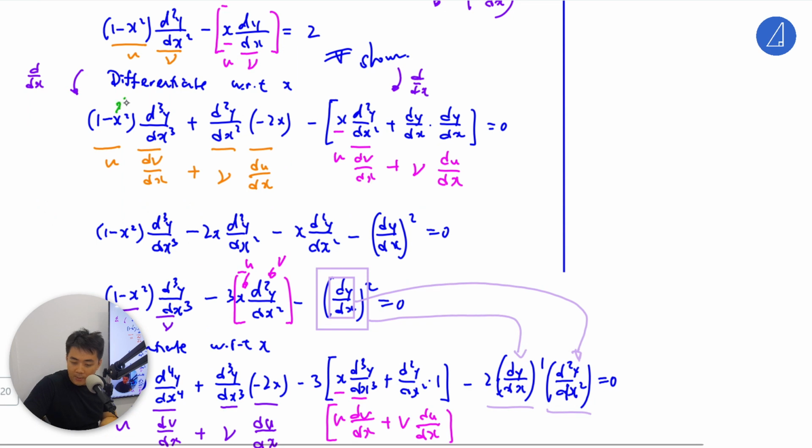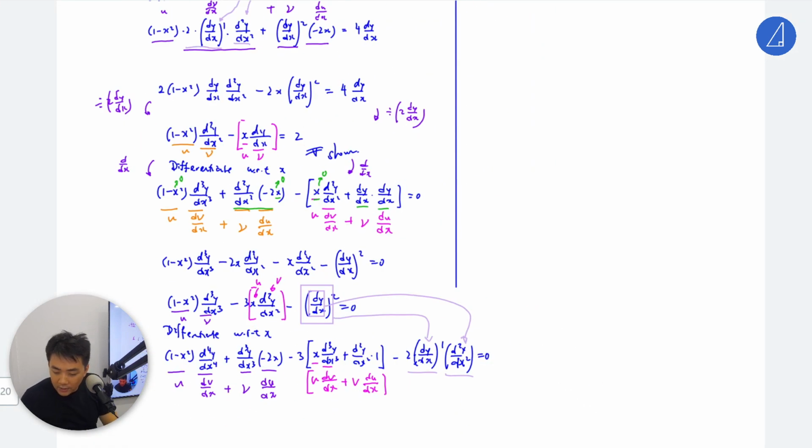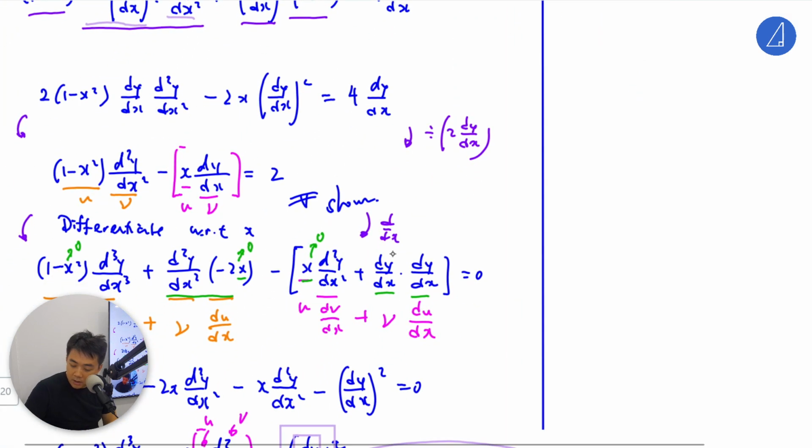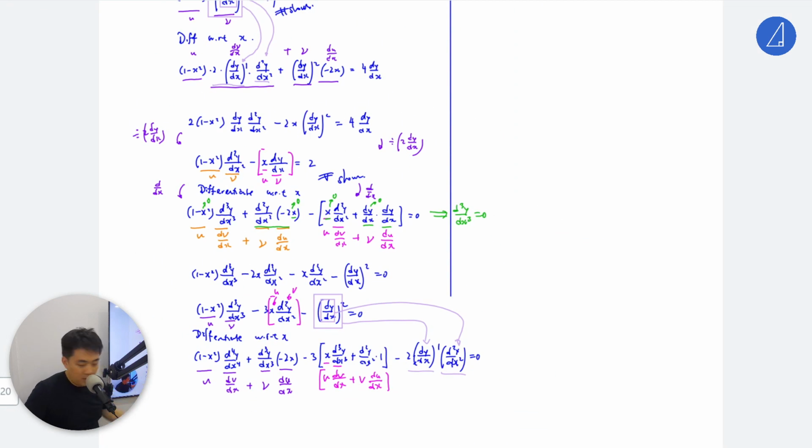This guy is 0. Eyeball only lah. This guy is 0, so the entire thing is 0. This guy is 0. X is 0 ma. This is also 0. So what is left is dy dx is how much? 0. So wow, everything is 0. So essentially d cube y dx cube is just one big fat 0 there.